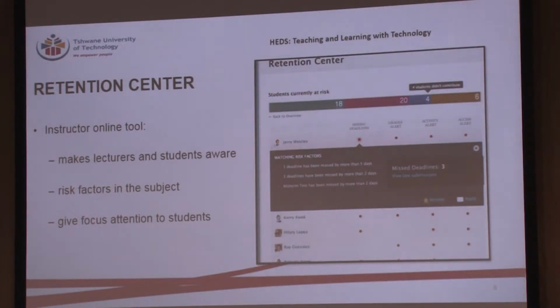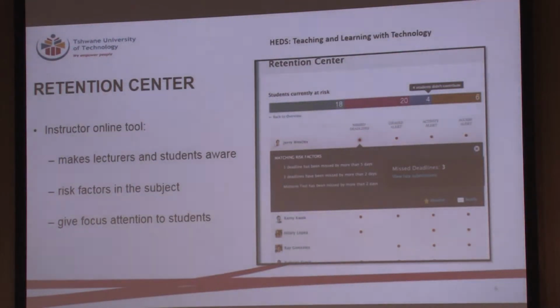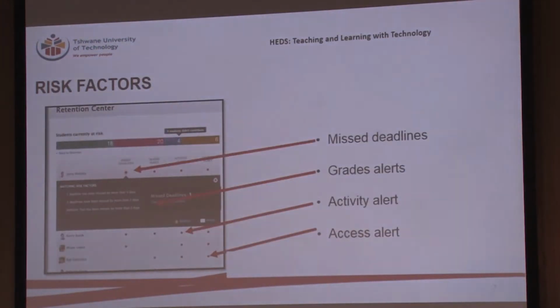This picture shows the retention center risk table. The retention center consists of three main categories: the students at risk bar, the students that you are monitoring, and your course activity as a lecturer.